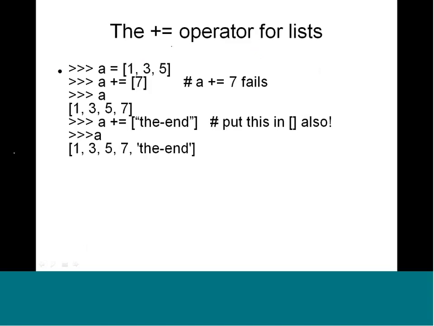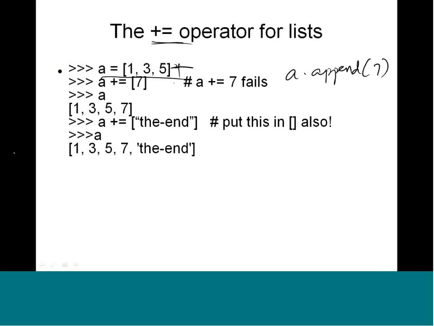And now we have this additional operator, which is basically the incremental operator that we saw. So here we have a list 1, 3, 5. We can use the method a.append. This is one way to do it, and then we say 7, and that gets added at the end.